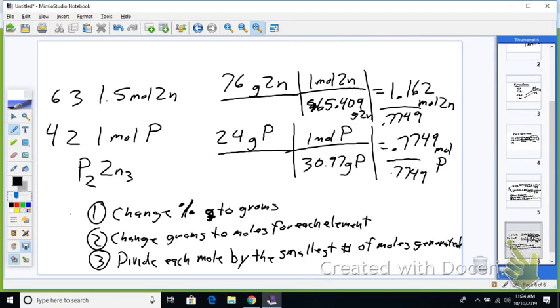Saying P6, Zn4, or P4, Zn6, would not be right. If you can't see that, which is fine, after you do a couple, you will. What you do in step 4 is you multiply to get whole numbers. So multiply by a whole number to get whole numbers.